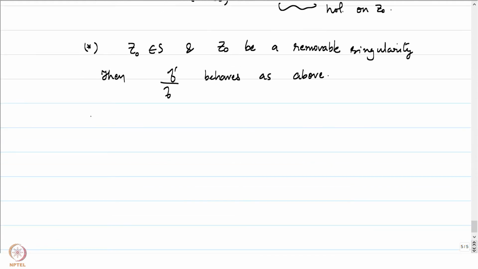The more interesting case comes up, maybe not the more interesting case, but the interesting case will be when z0 is a pole of order m.